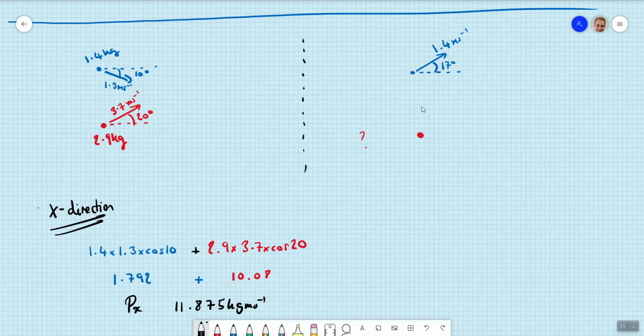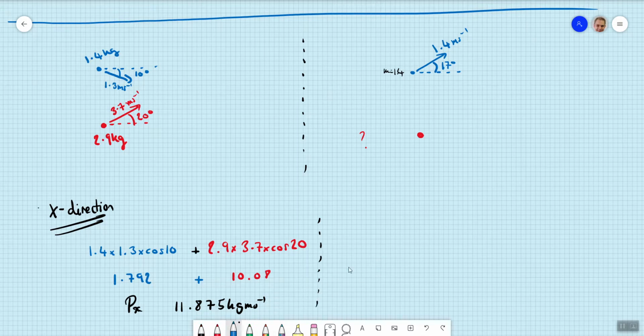So let's work out what we've got afterwards. Our blue one is going 1.4 meters per second, and it's still got a mass of 1.4, so fantastic. We've got 1.4 times 1.4 times cos of 17, which is 1.874.